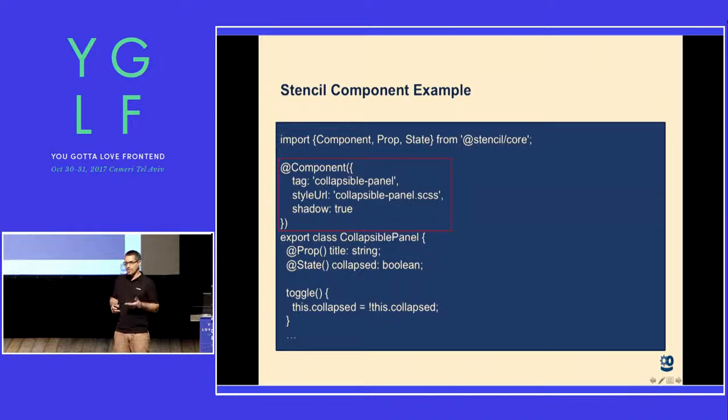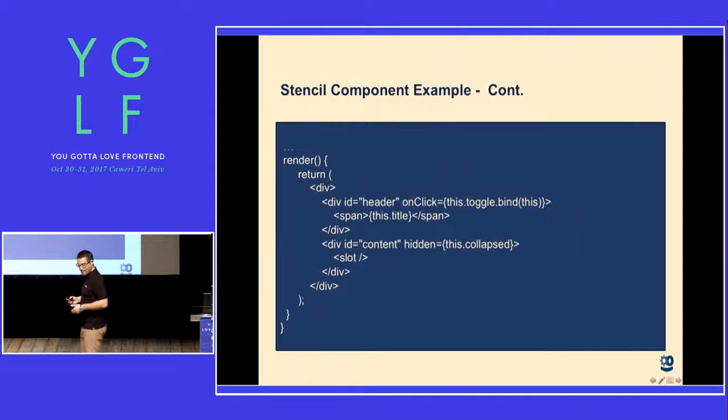If I want to add shadow DOM, all I need to do is tell Stencil shadow: true, and I'm ready to go. I use decorators to express properties and state elements inside of my component. And then I use JSX to explain to the compiler how it should render the component, and that's all.